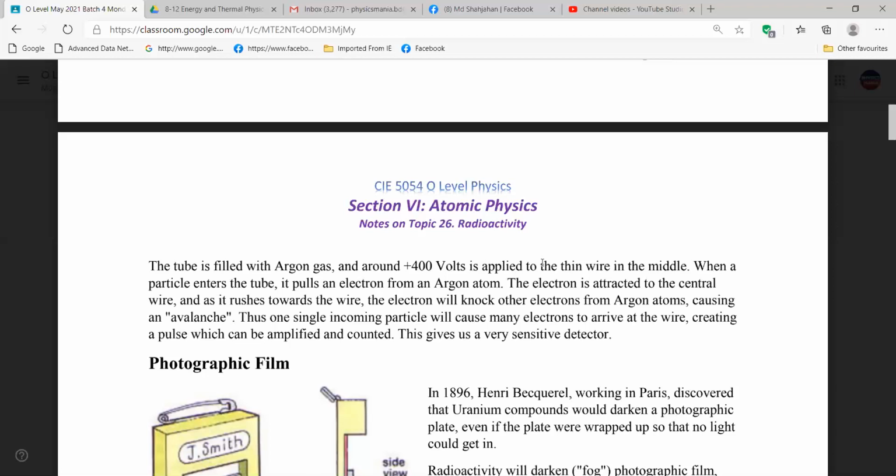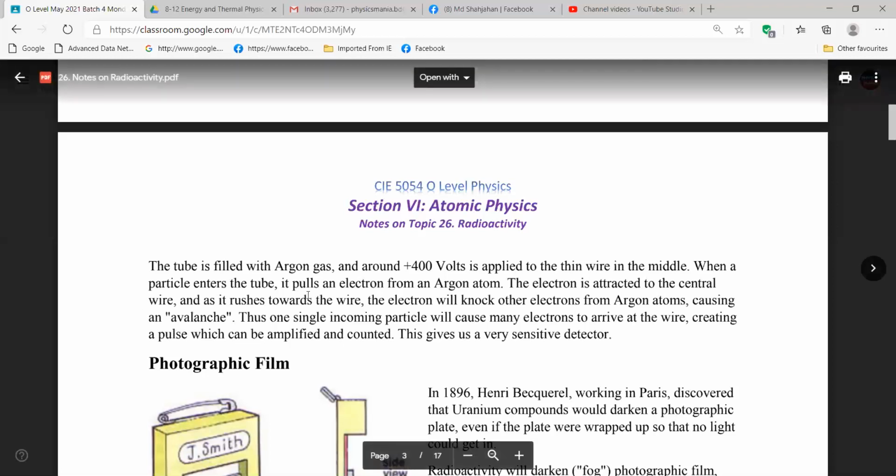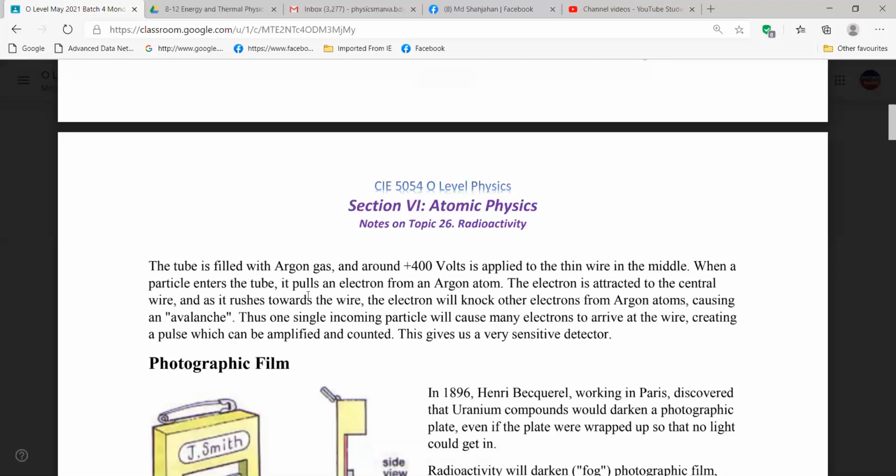If you are getting so many electrons, then you are getting so many counts, right? That means if more alpha particles are entering, they can pull more electrons, and then you get those electron counts in the detector.